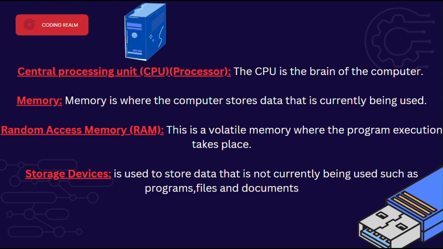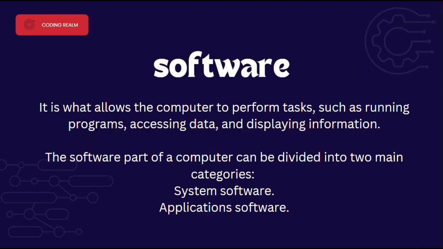Now let's talk about the software, and let's see the difference between the software and the hardware. The software is what allows the computer to perform tasks such as running programs, accessing data, and displaying information. The software part is the instructions that tell the hardware what to do.